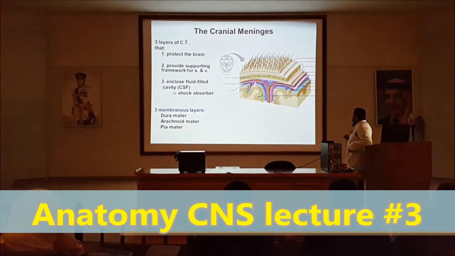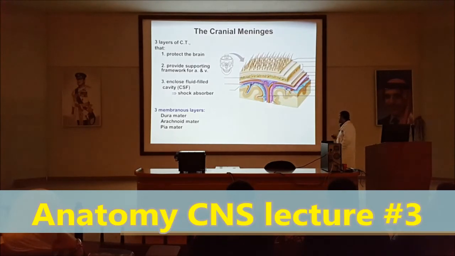Where are these membranes located? They are usually located between the bones of the skull, the cranial bones, and the central nervous system tissue, mainly the brain tissue. So from now on we will concentrate mainly on the cranial meninges. They are three membranous layers that cover the brain and separate it from the cranial bones.